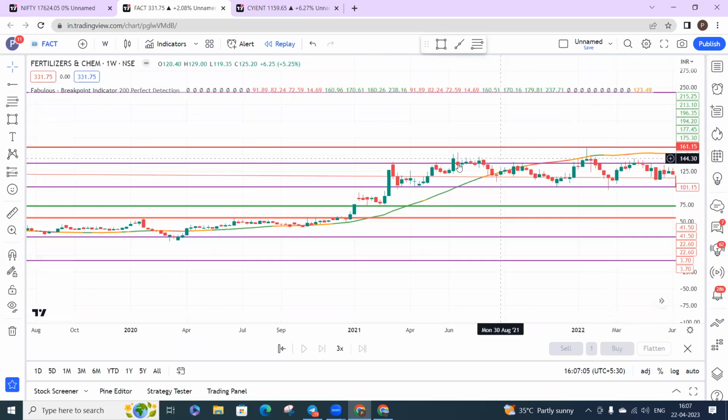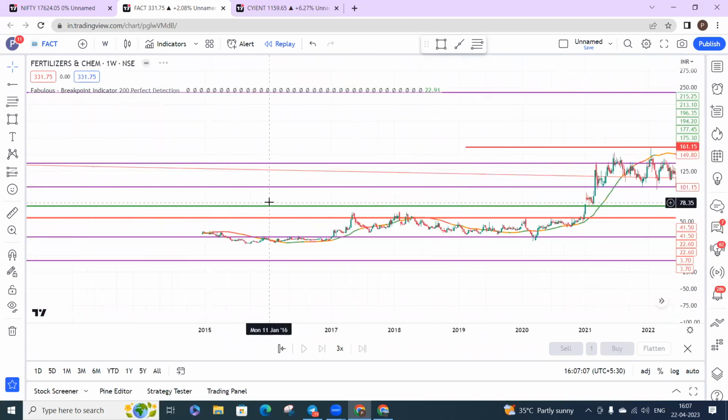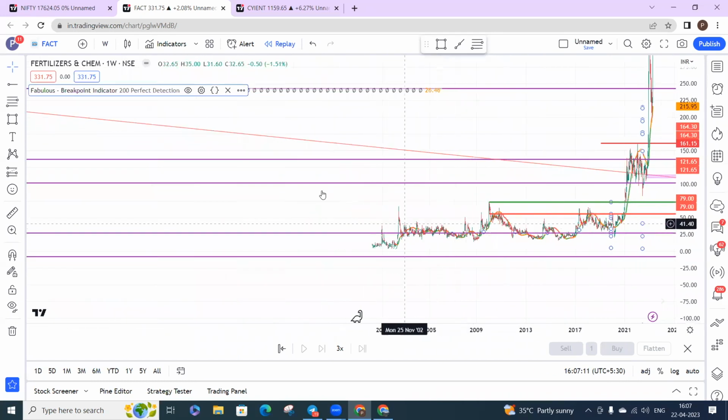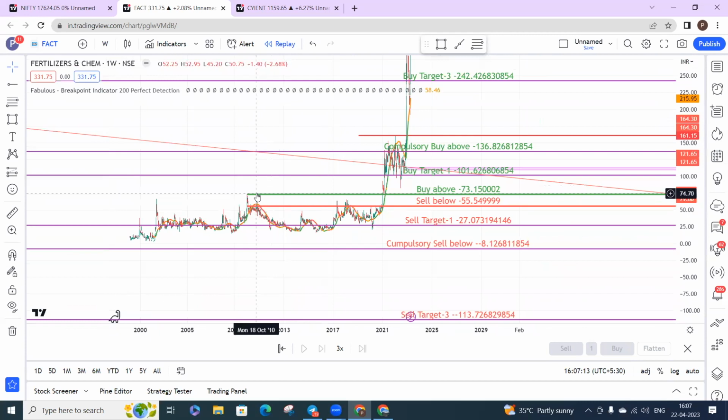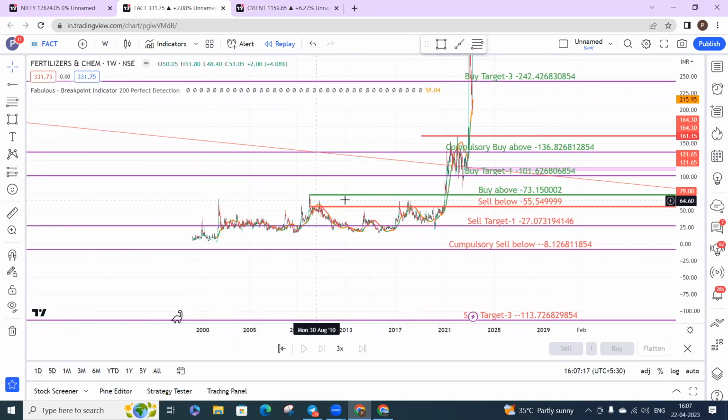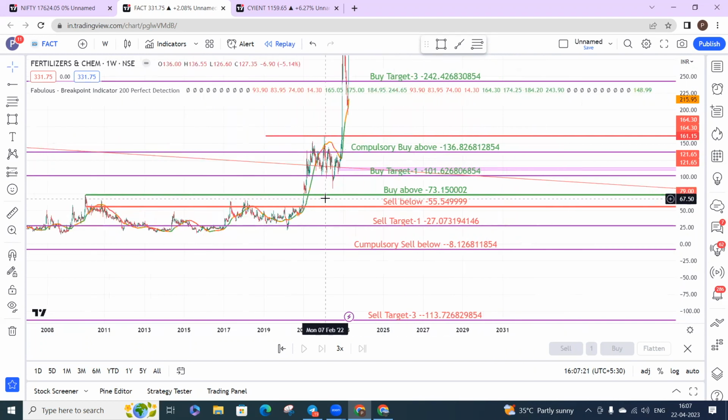On the weekly, the breakout happened exactly. See here, if you're a positional trader, you should have entered around this particular area. This is a perfect area it is covering. It asked you to buy at 73, somewhere around February 8, 2001.